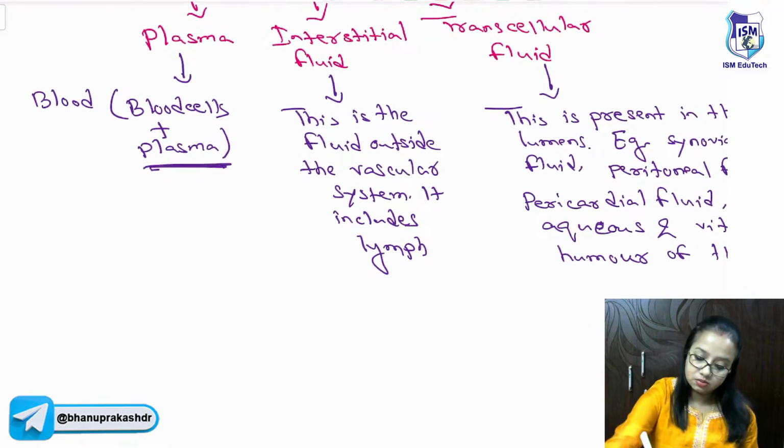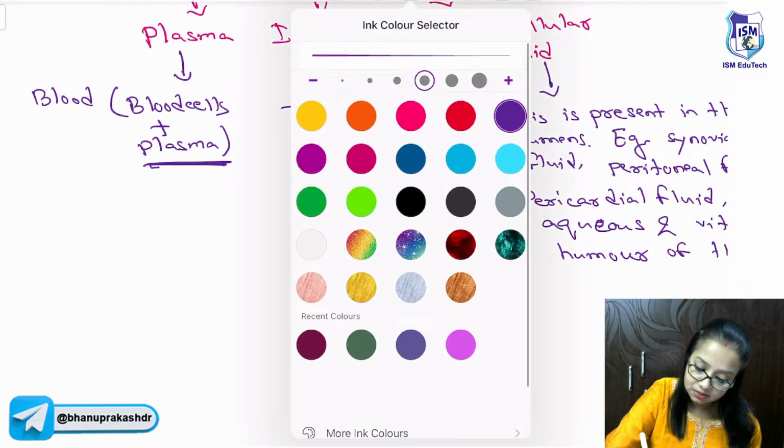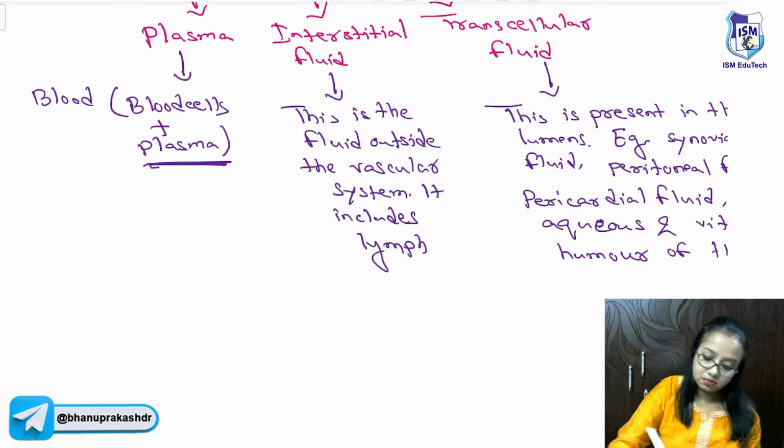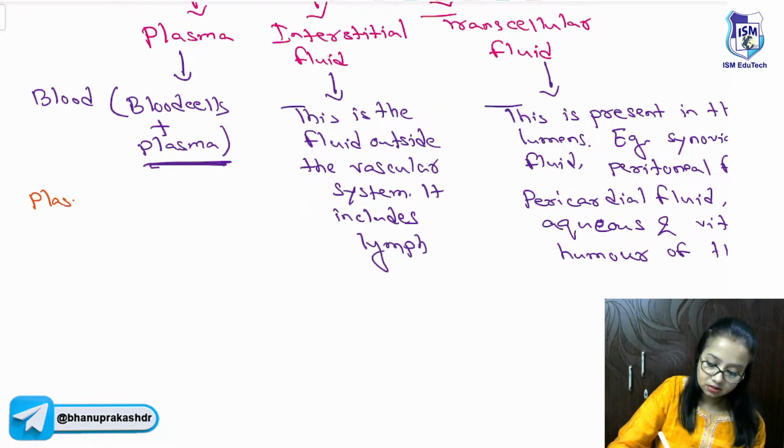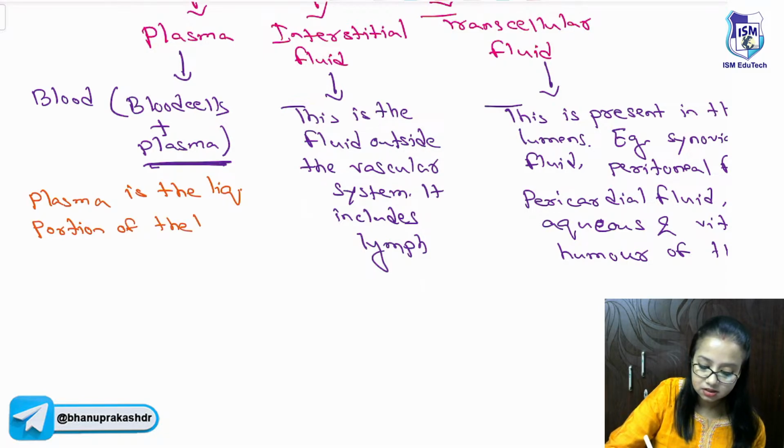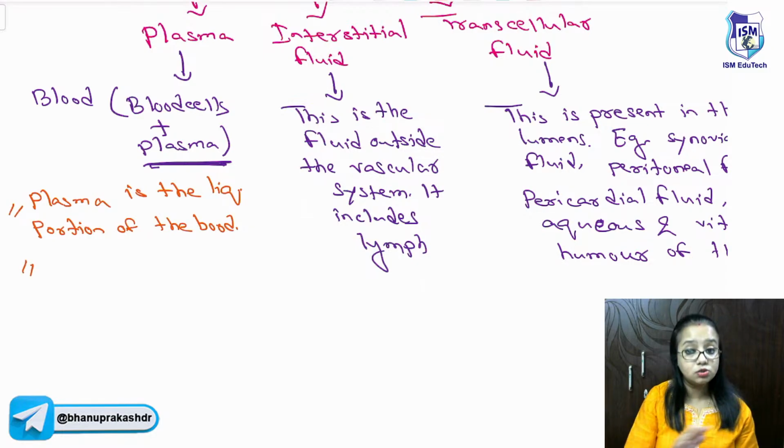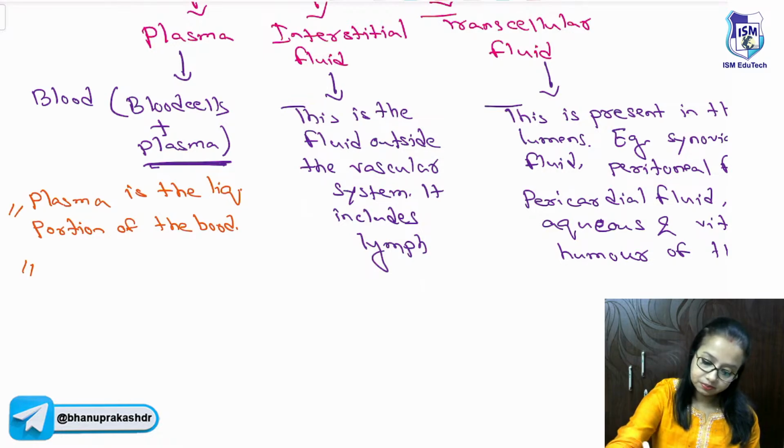Going by the volume, the plasma. What is the plasma? Plasma is the liquid portion of the blood that has no RBC, WBC or platelets, only the liquid portion.